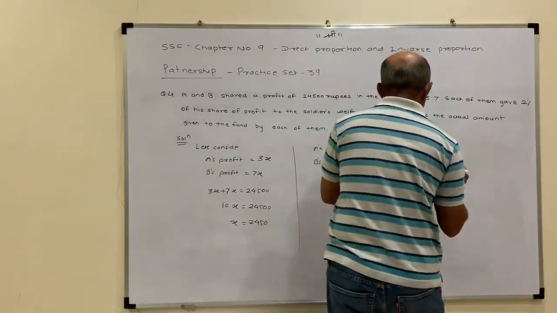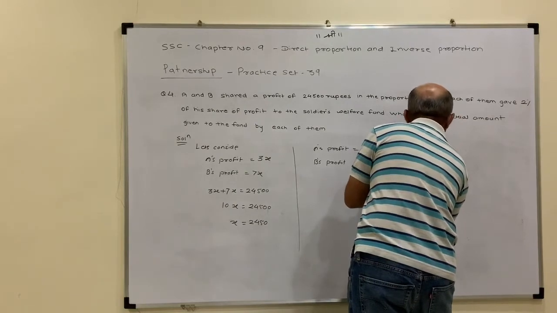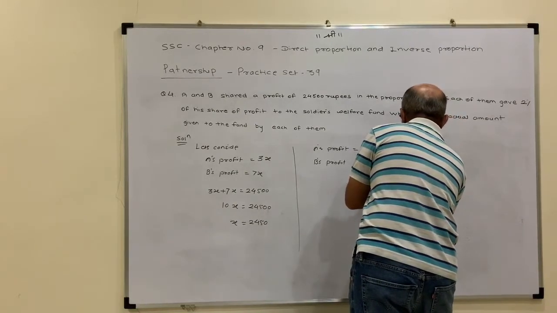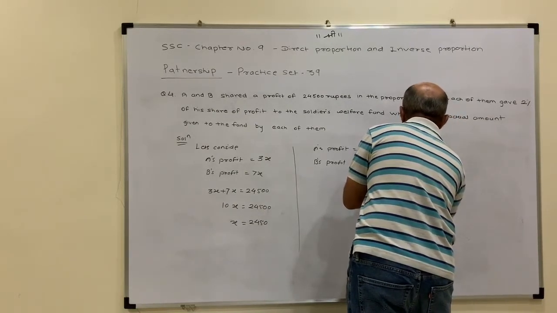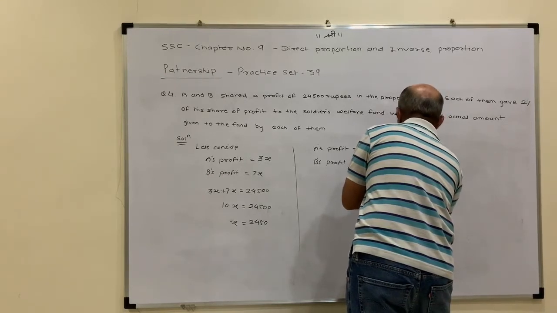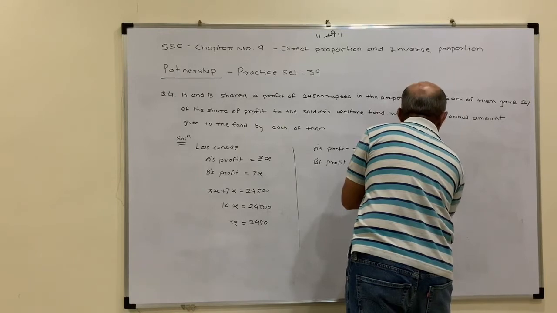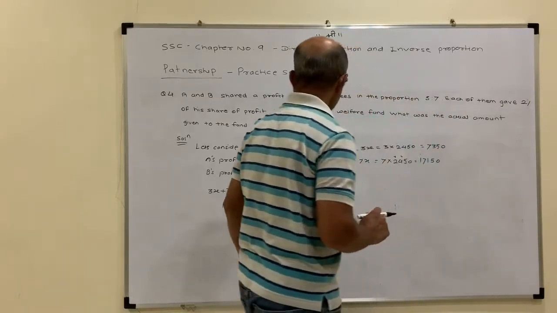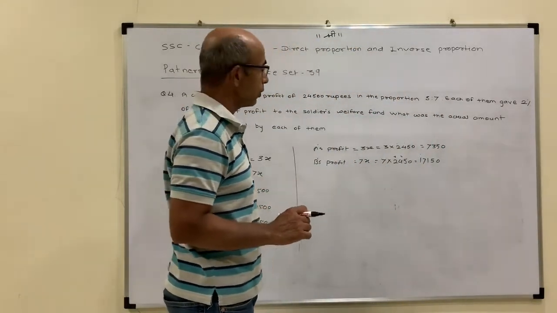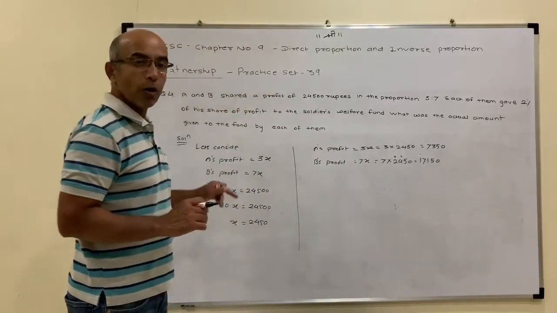That comes out to be 7 5s are 35, 7 4s are 28 plus 3 is 31, 7 2s are 14 plus 3 is 17. So B's profit is 17,150.